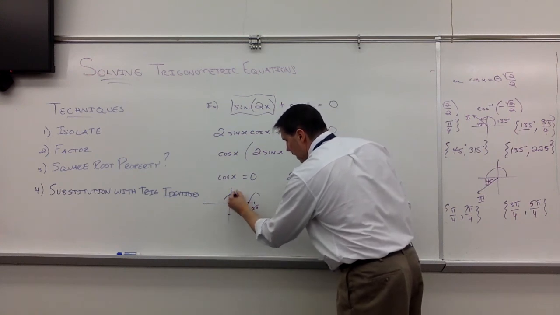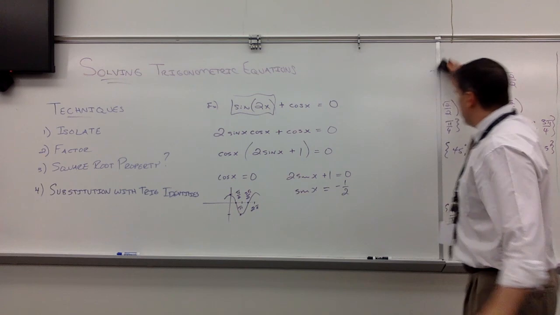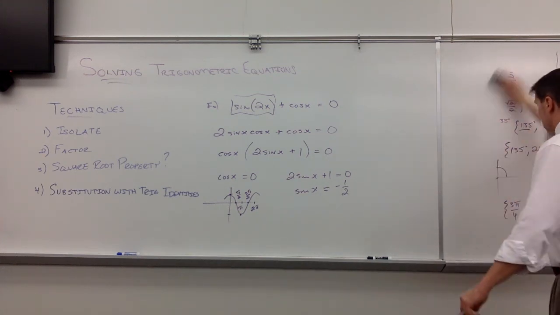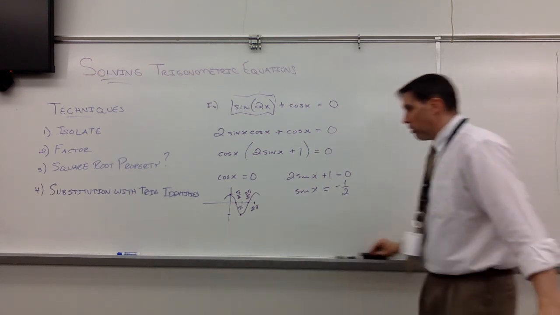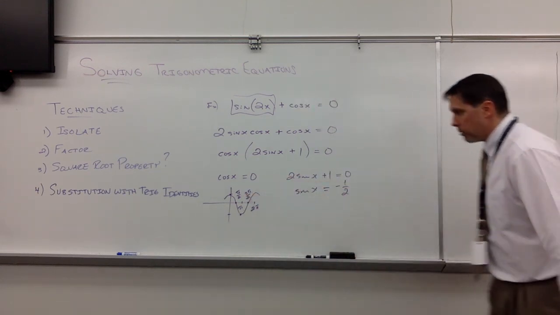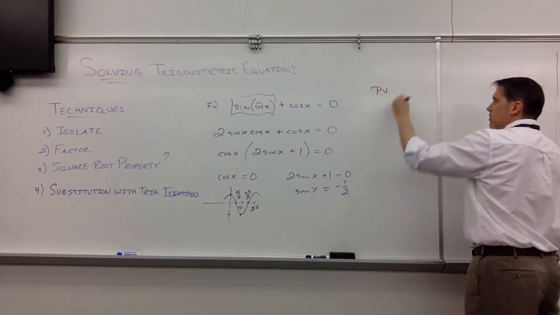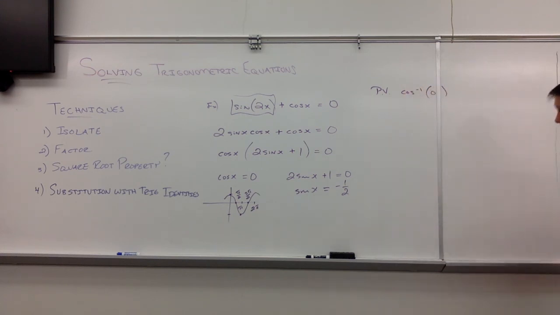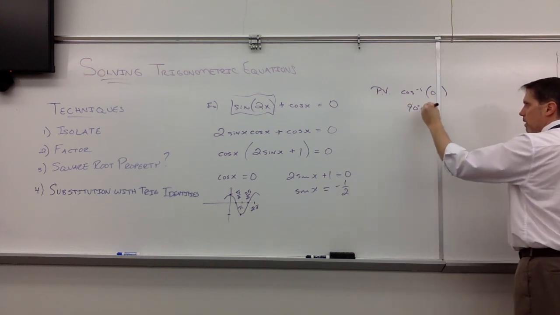It's 0 at pi halves, and it's 0 at 3 pi halves. But your principal value can only give you one of those answers. And remember, it's got to be between quadrant 1 and quadrant 2. So pi halves is the only acceptable answer, or 90 degrees. So when we go to principal value here, we're doing the cosine inverse of 0, which is 90 degrees or pi halves.